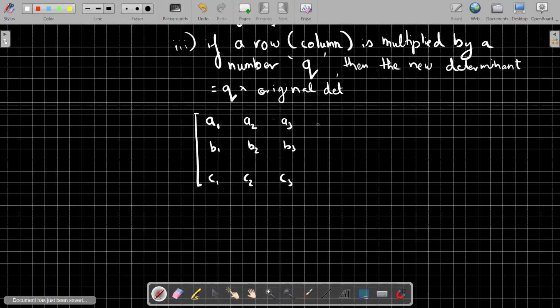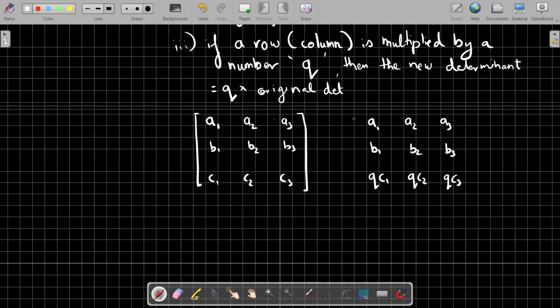Let's say this was our original matrix, and our new matrix is a1, a2, a3, b1, b2, b3, and q times c1, q times c2, q times c3.